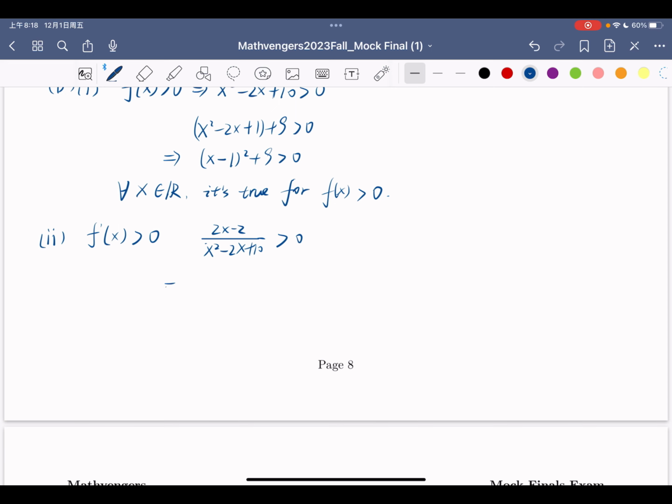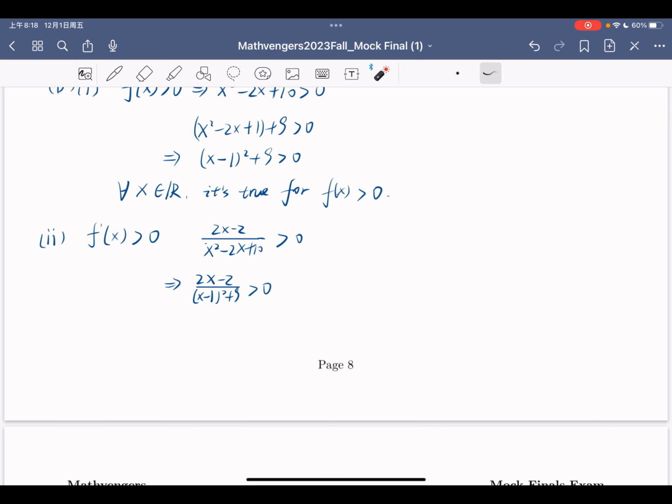The denominator we can similarly write as (x minus 1) squared plus 9, and you can see that the denominator is always positive, always greater than or equal to 9.